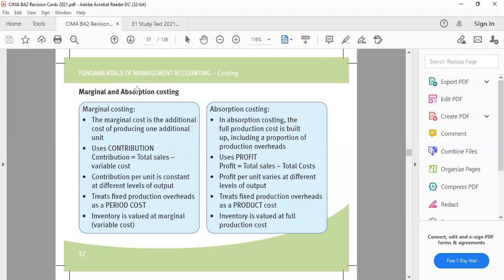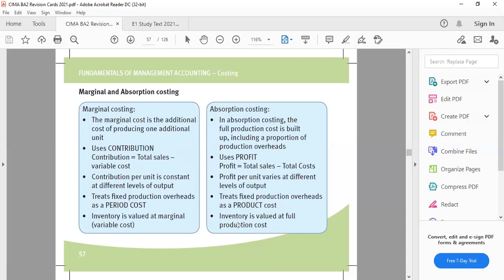Marginal costing does not charge the fixed production cost to the ending inventory. Inventory is valued at marginal or variable cost only. Absorption costing, on the other hand, charges the inventory with the full production cost.